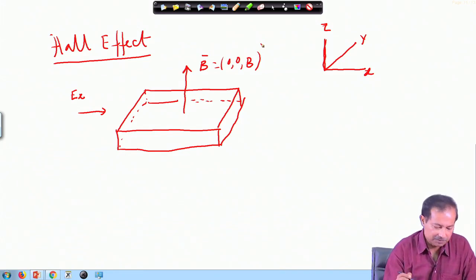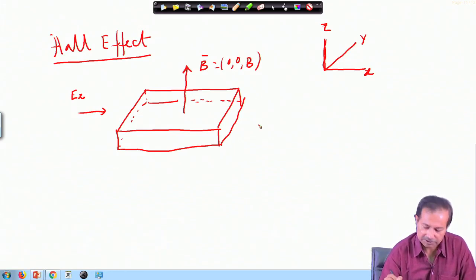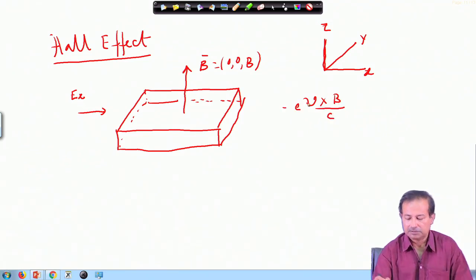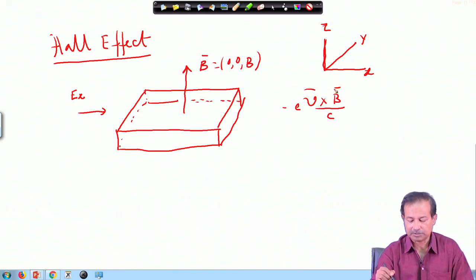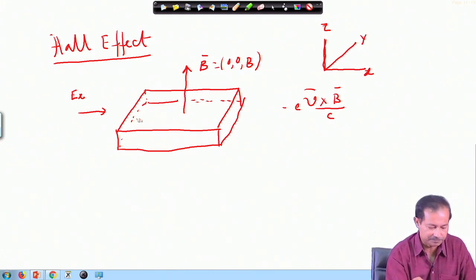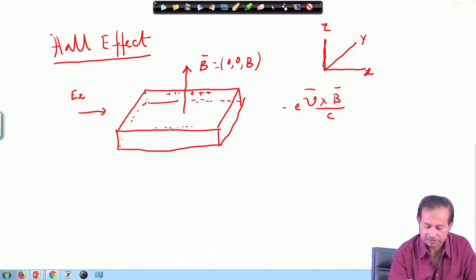And then because of this, let me show you what will happen. There is this Lorentz force, minus e v cross B by c. This Lorentz force component coming from the magnetic field will turn the electrons, and there will be a concentration of positive charges on that side and a negative charge on this side.